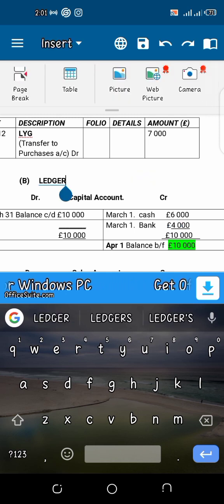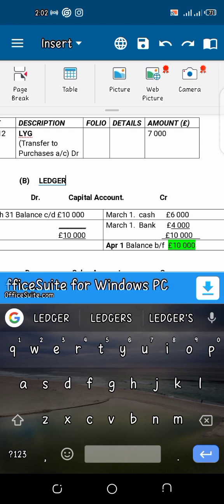So March 1st, cash £6,000 was used to begin the business in the office, and the same March 1st, money available in the bank account was £4,000, which gives us a total of £10,000 in the capital account. So the capital account has a balance of £10,000, which was used to start the business.